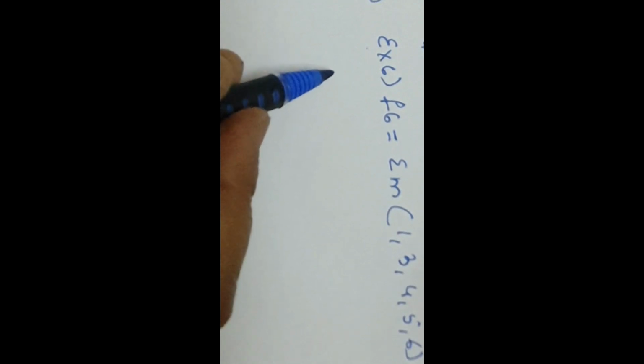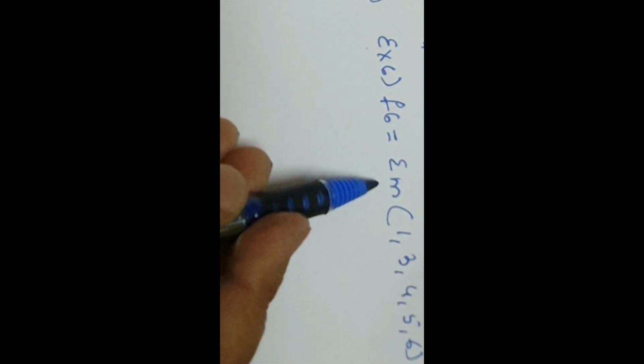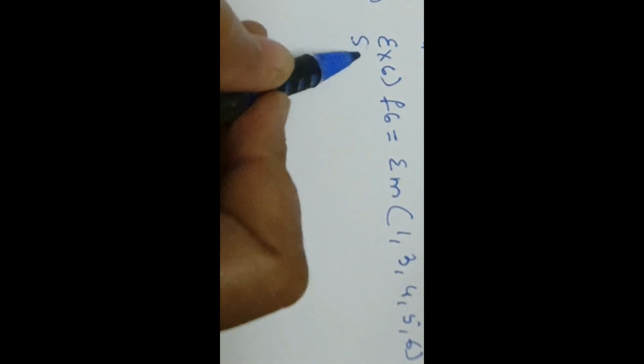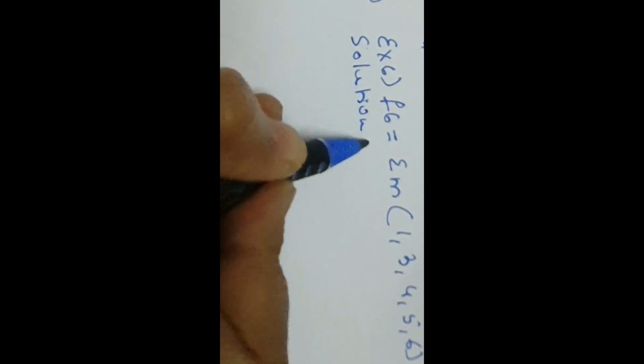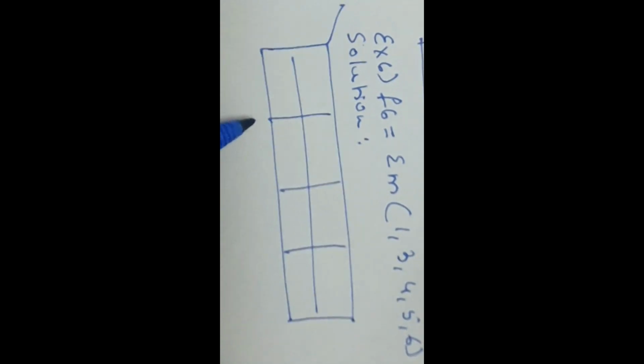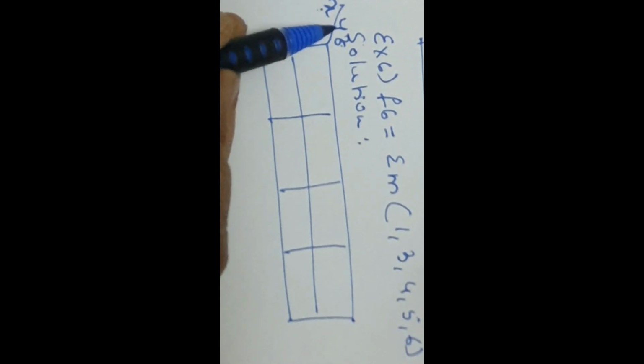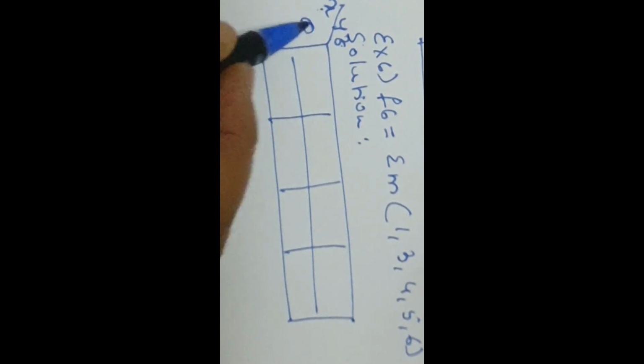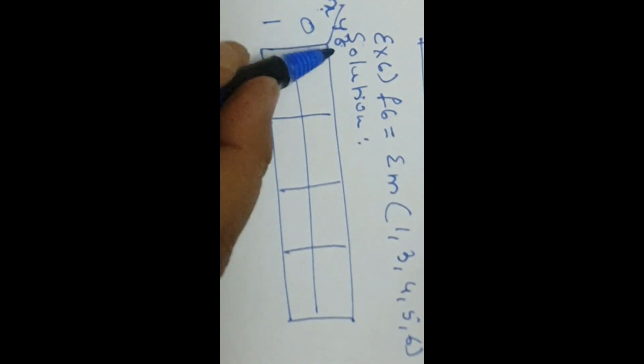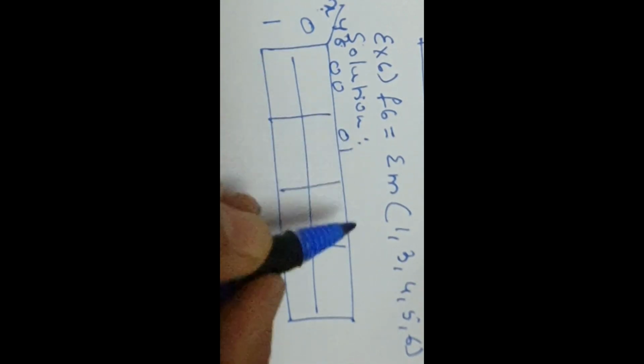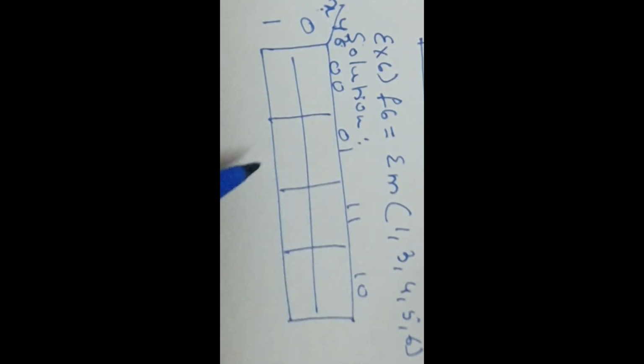Hence we have to draw 2 raised to 3, 8 squares. So when this is to be simplified using a K-map, we'll have to draw an 8 square K-map. So the K-map of 8 squares is drawn. 3 variables: x is written here, yz is written here. X may be 0 or 1, yz may be 00, 01, 11, 10.